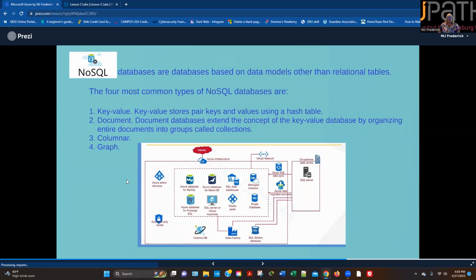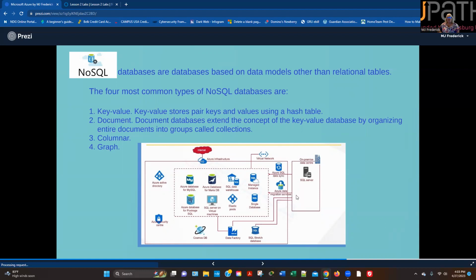So when you look at this, you'll see here's our Azure Active Directory, our Azure Security Center. We've got our Azure infrastructure connecting to the internet, our virtual network. We have our on-premise data center using SQL Server. And we are now going to use the Azure SQL Data Sync and the Azure Data Migration Services.